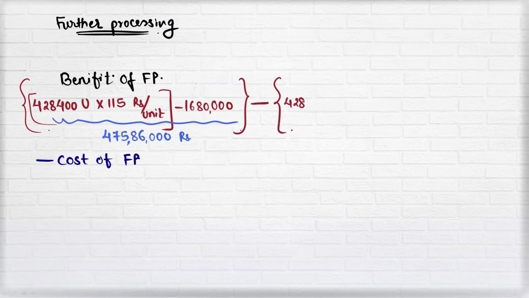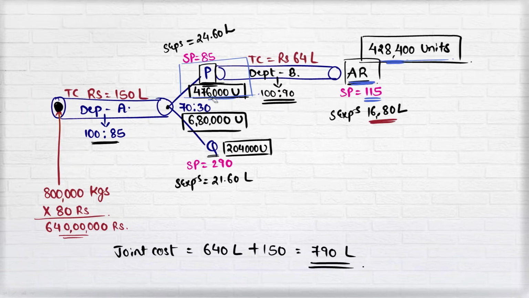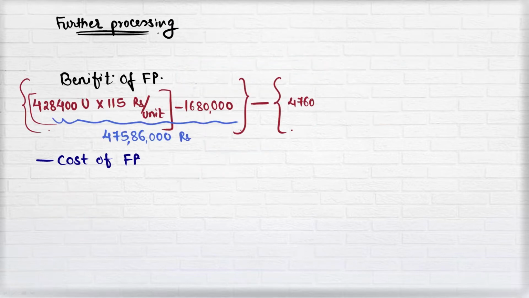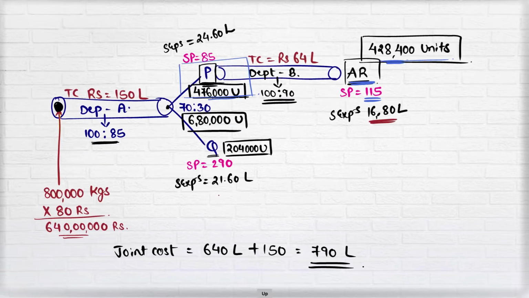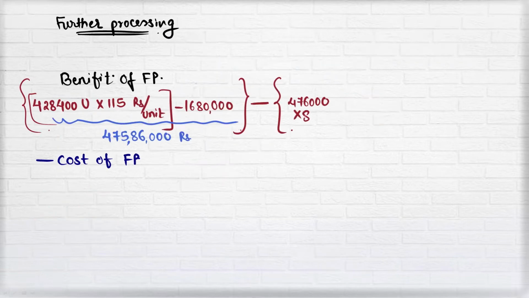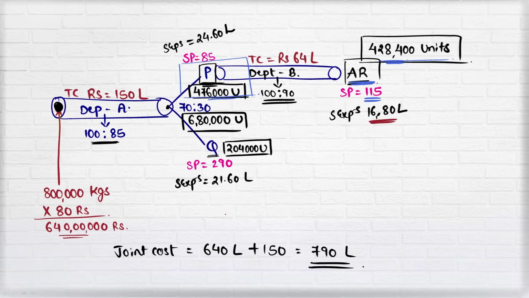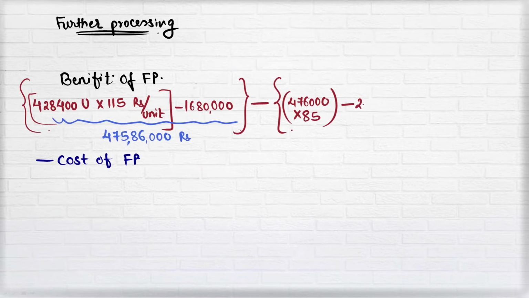Had I sold it at the split off point, I would have sold 4,76,000 units at the rate of 85, and I would have incurred a selling cost of 24,60,000, minus 24,60,000.